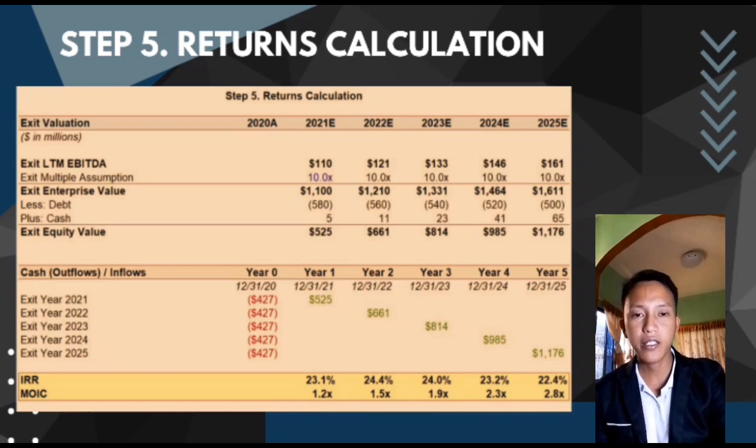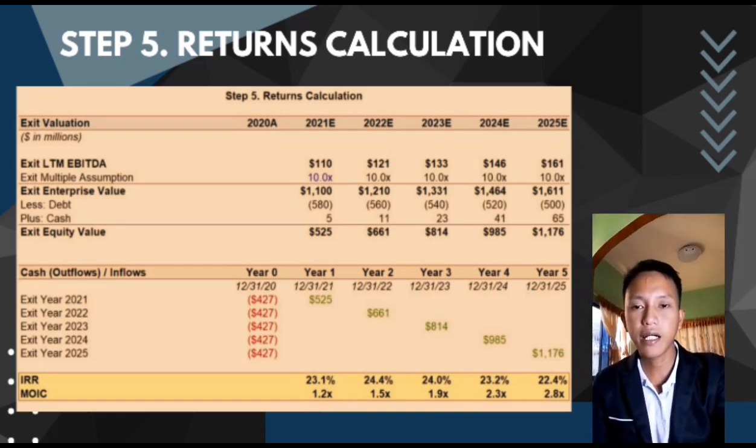In the year 2023, $133 times 10 is equal to $1,331. In 2024, $146 times 10 is equal to $1,464. And 2025 is 161 times 10, which is equal to 1,611.